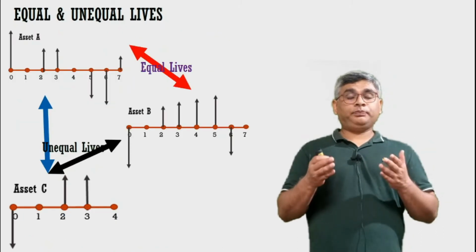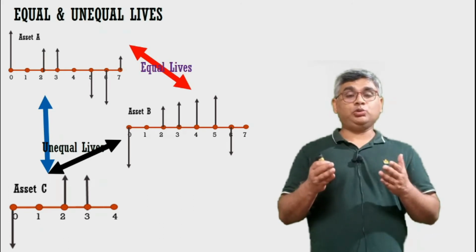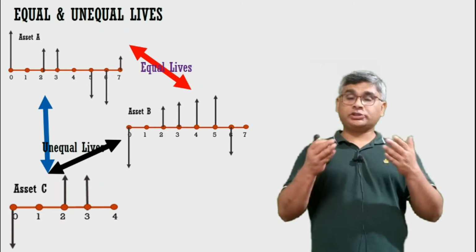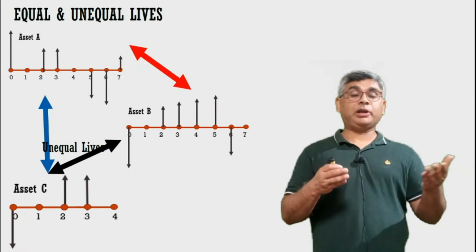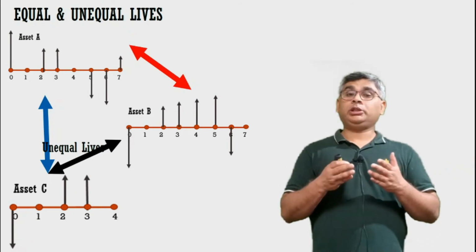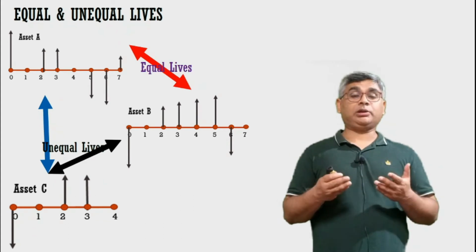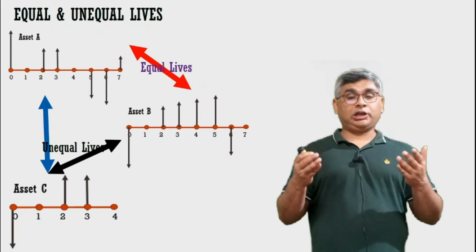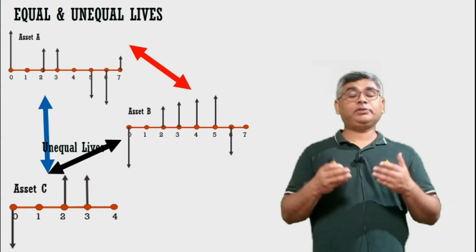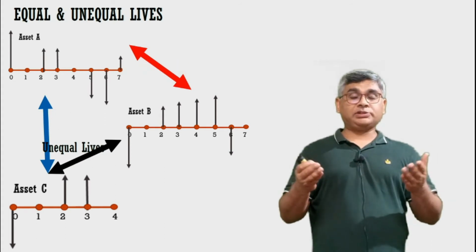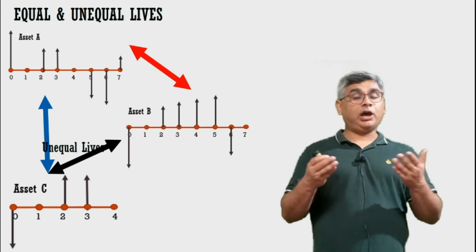Now, whenever we are doing analysis using the present worth method or any other method like the equivalent annual worth method or the future worth method, we have two conditions. Either we have a comparison of alternatives with equal lives, or a comparison of alternatives with unequal lives.